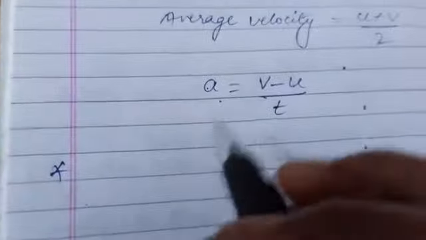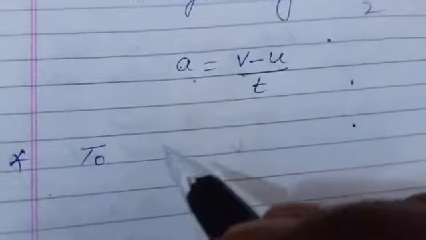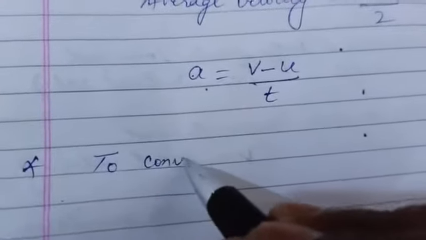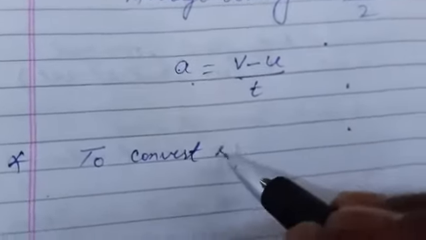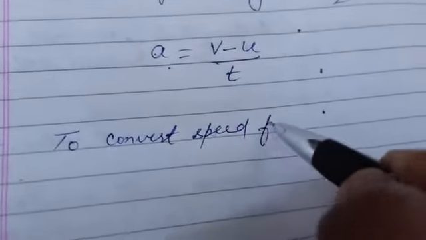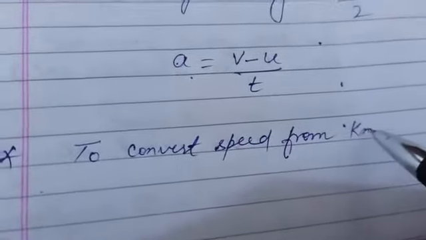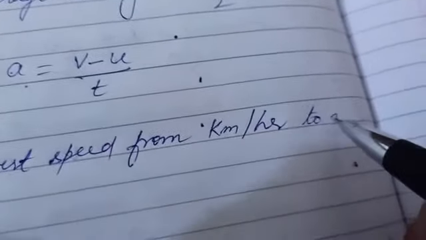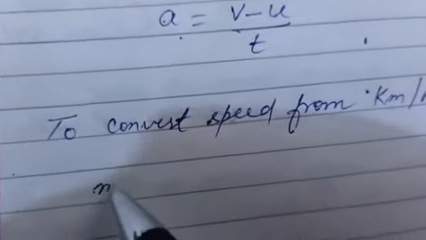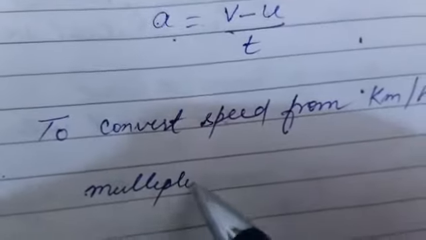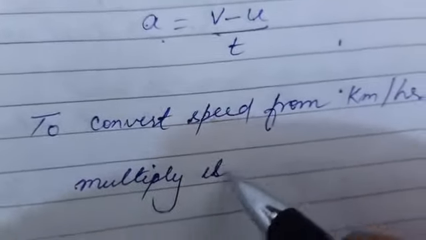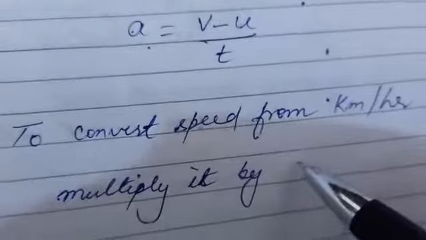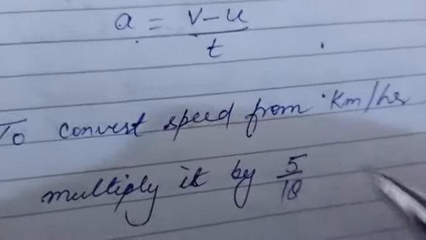So note down the points to convert speed from kilometer per hour to meter per second. Multiply it by 5 upon 18. Is it clear?